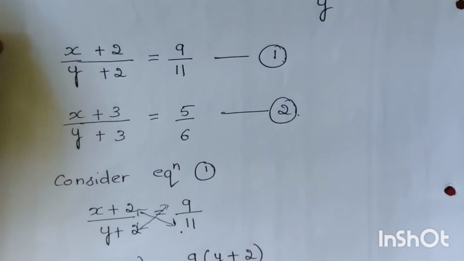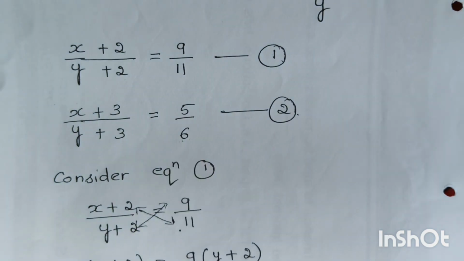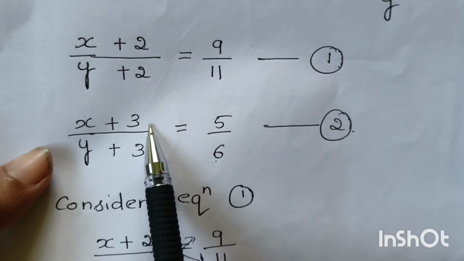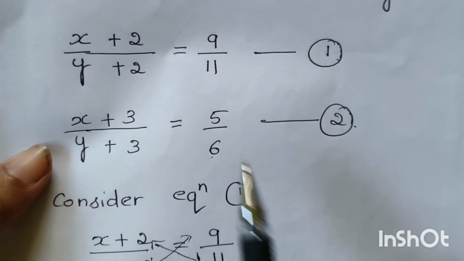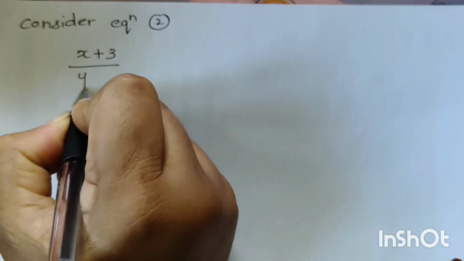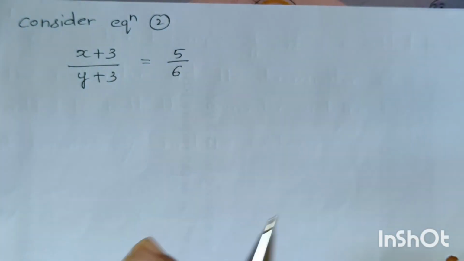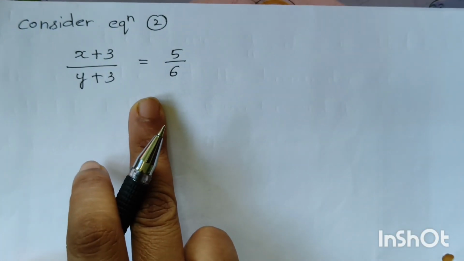Now let us consider equation 2 and simplify this, that is (x + 3) divided by (y + 3) is equal to 5 by 6. Now let us simplify this.